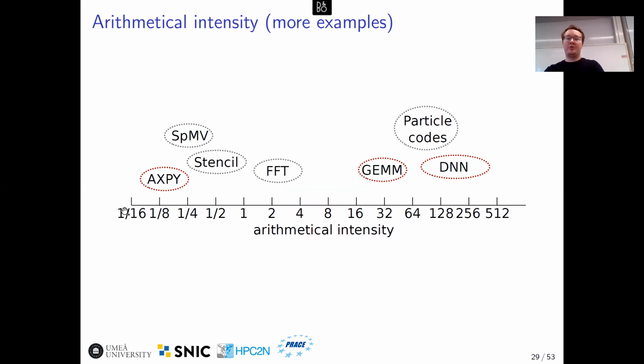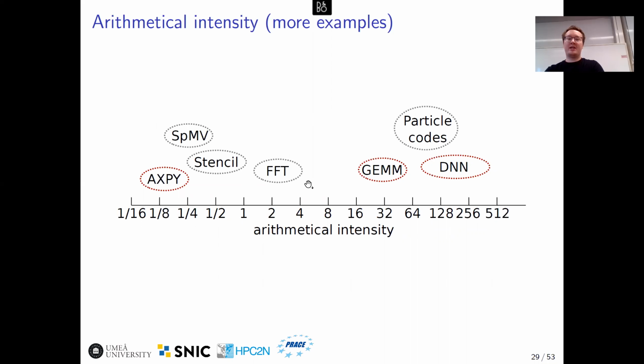And we can now go and plot a couple of algorithms. Here on the horizontal axis, I have different arithmetic intensities. You can see that the gem kernel is here around 32. We have particle codes that are somewhere in this range. And then we have deep neural networks that are here on the extreme end.